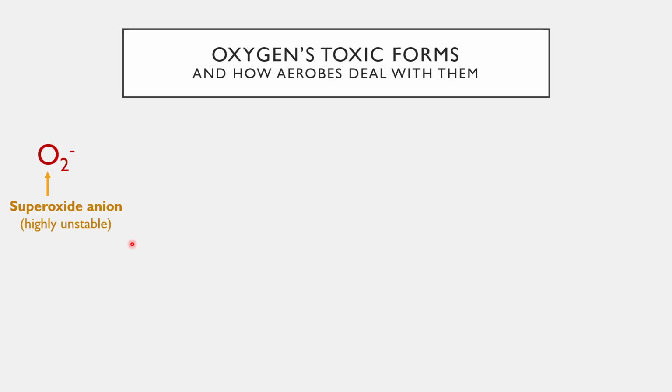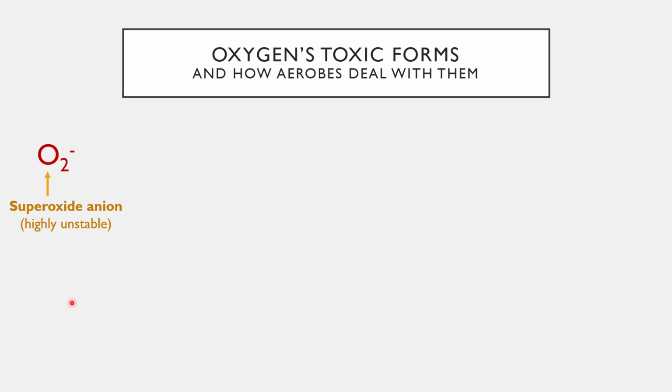The difference between obligate anaerobes and other types of organisms that can tolerate the presence of oxygen is that obligate anaerobes lack special enzymes that other organisms have evolved to deal with and clean up the toxic forms of oxygen. Here you can see on the screen is a superoxide anion, which is a normal oxygen gas particle with an extra negative charge.